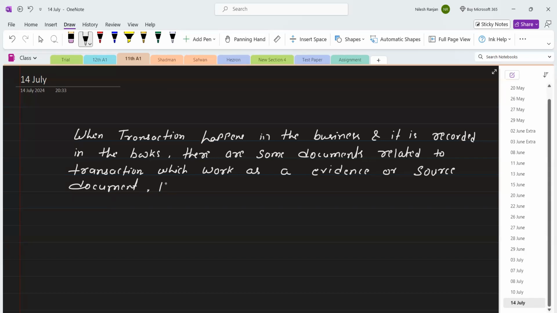These are called vouchers. So this is the definition.